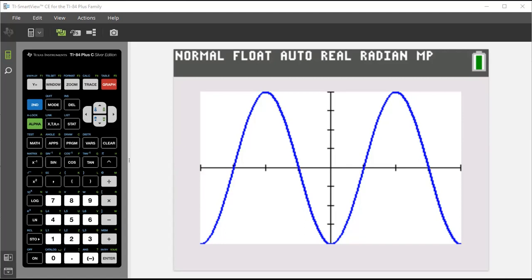And you're going to connect it with a nice smooth curve. Like that.